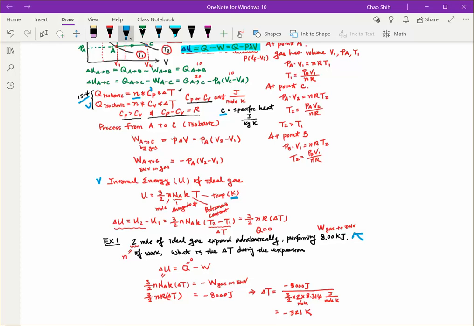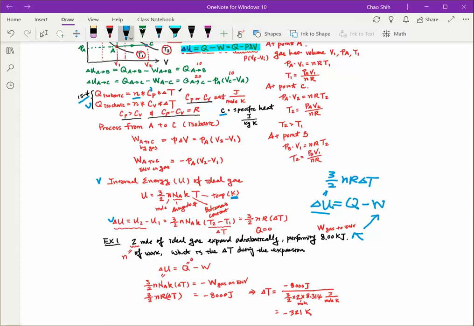If you use the first law, which is the equation that we write in here, change of U is equal to Q minus W, and 8,000 is the W in this equation. We want to find out what the change of T is during the expansion. Now, this equation doesn't have a change of T, but we know the change of U is equal to 3 over 2 nR change of T. So you can find out what the change of T is.